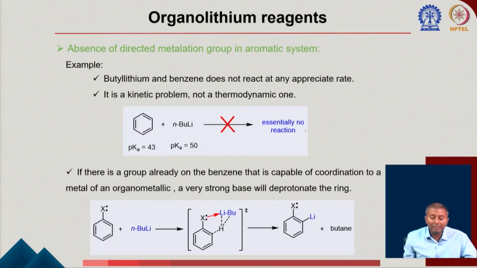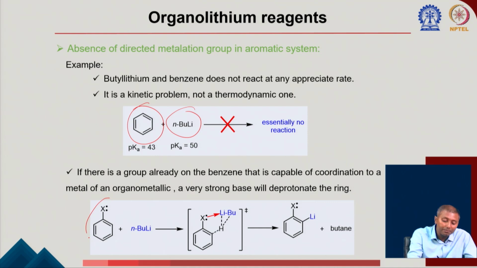Again, you can see the difference: if you have normal benzene and you treat it with butyl lithium, you will not find the corresponding phenyl lithium formation happening. But as soon as you put a directing group here, things become very different, because the stabilization of this lithium is very important.